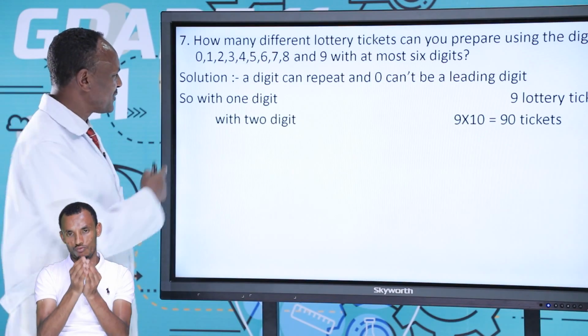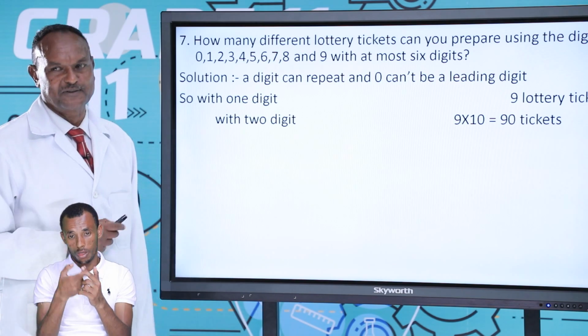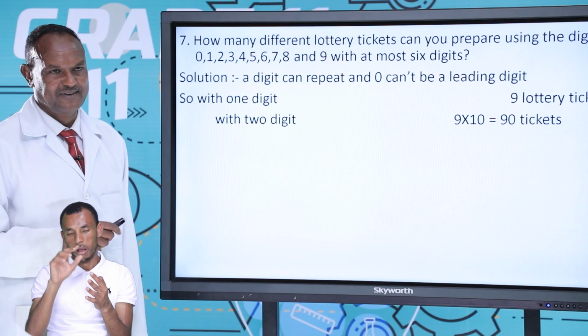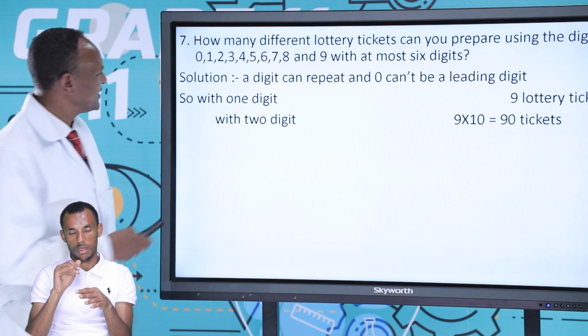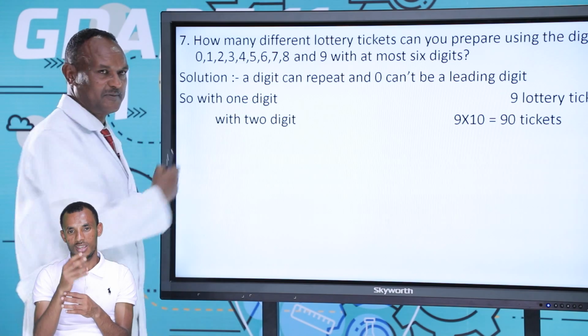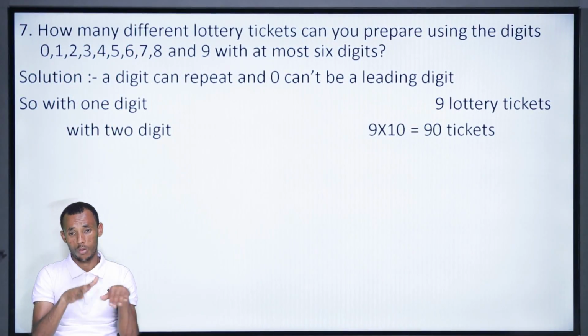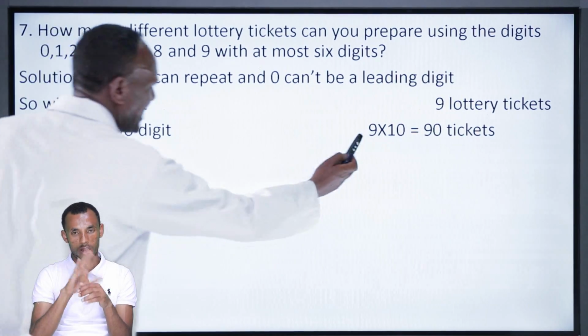Next, prepare a lottery ticket with 2 digits. You should have a tens place and a units place. For the tens place, you cannot use number 0. You have to choose any one of the remaining digits, so for the tens digit we have 9 possibilities.